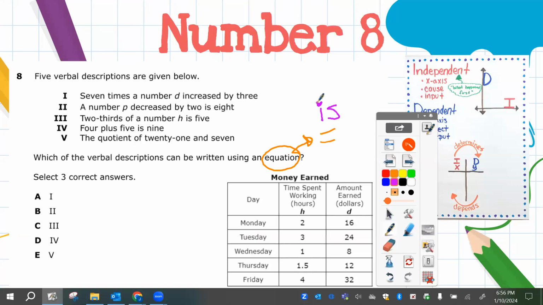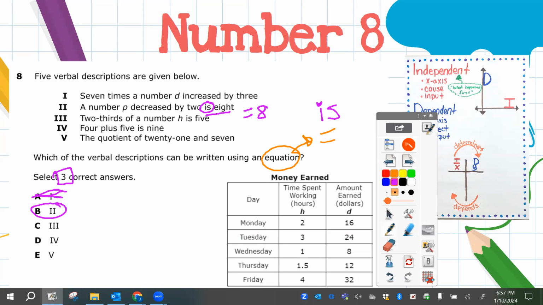So if I look at number 1 here, 7 times a number D decreased by 3. Do you see the word is? Nope. So that's not it. B, a number P decreased by 2 is 8. Okay, we see it, because what that says is it's going to be equal to 8. So B is correct, but remember, I want 3 correct answers.